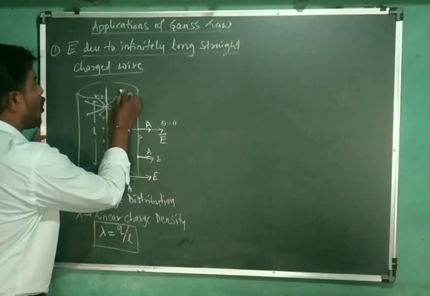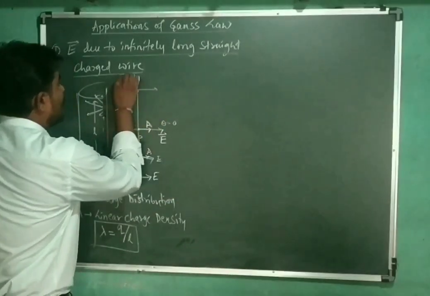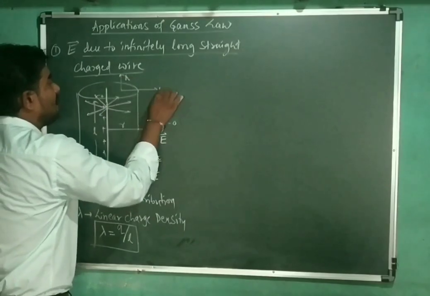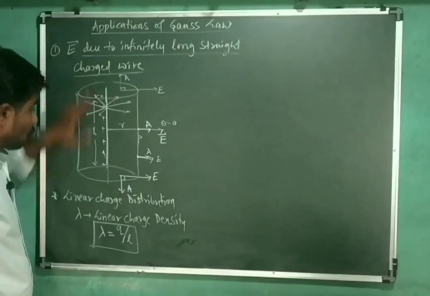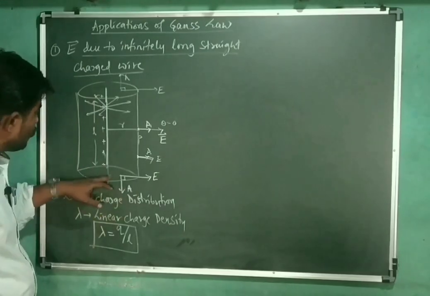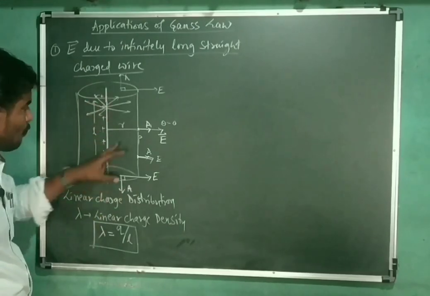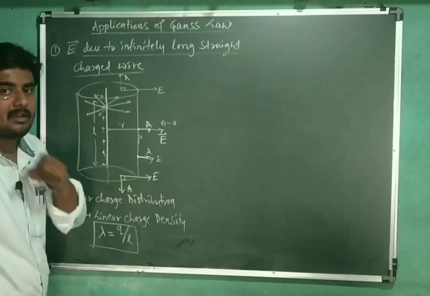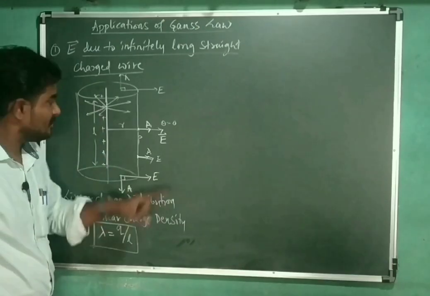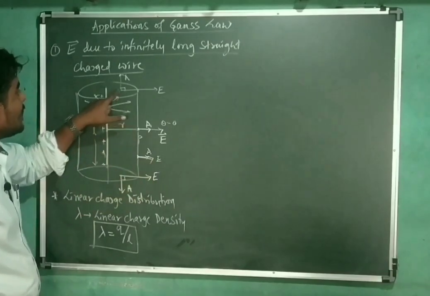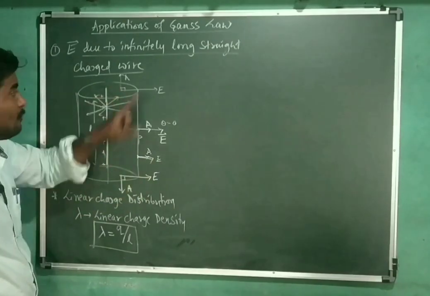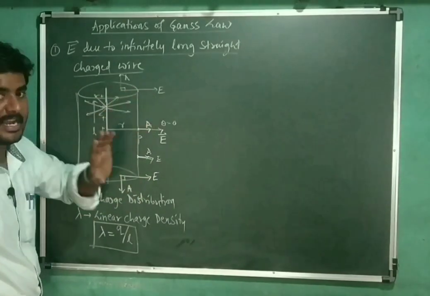You choose any point on the top plane, once again the angle will be 90 degree. Totally three surfaces are there: two plane surfaces, top and bottom, and one curved surface. At any point on the curved surface, the angle between electric field and area vector is 0 degree, and at any point on a plane surface, the angle between area vector and electric field is 90 degree.